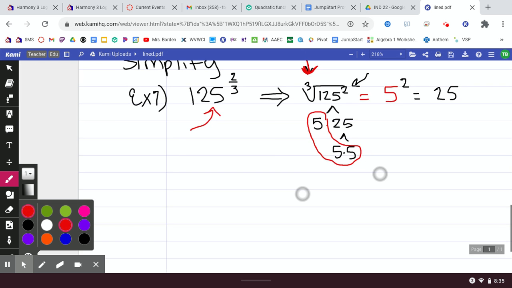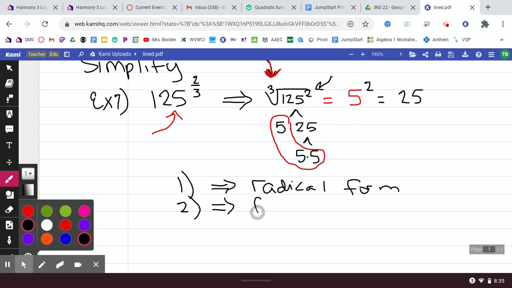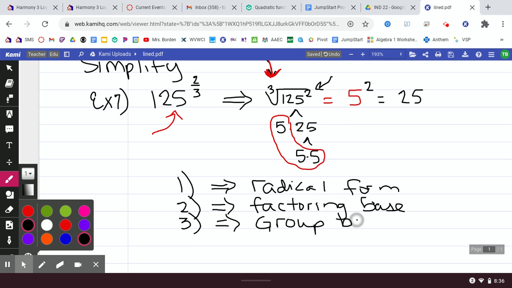Okay, so if you're a steps person, you don't have to write these down. Some people are, some people are not, so I always write it. Step 1 is putting it in radical form. Step 2 is factoring just the base. Step 3 is group based on the root.